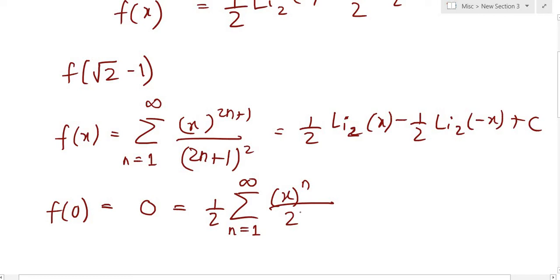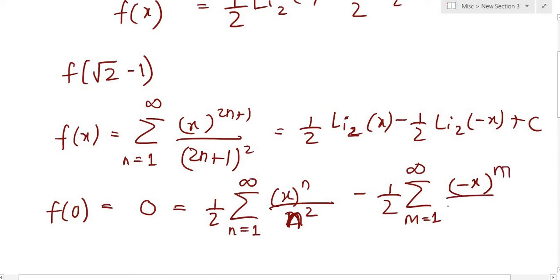so n squared. And you can similarly define, call this m now, 1 to infinity of negative x to the mth power, because now we defined it as m, divided by m squared because the base is 2, right, plus c.